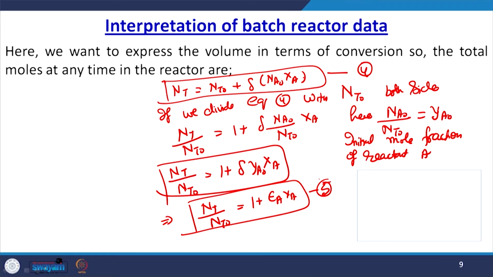Let us represent this particular equation as equation number 5.